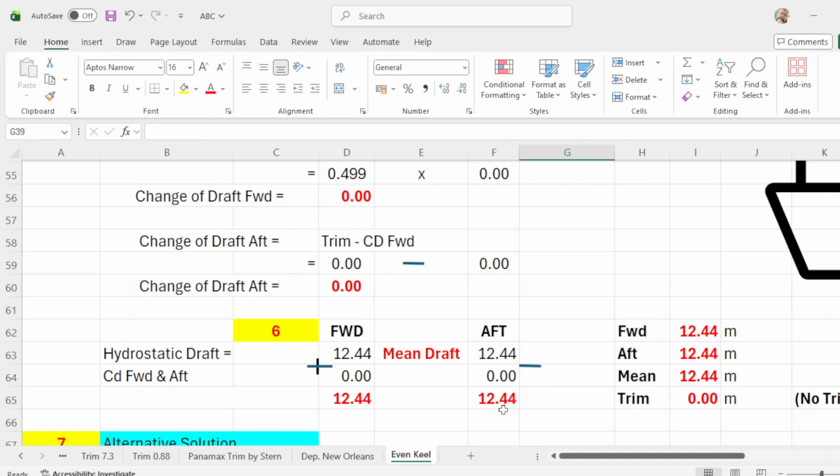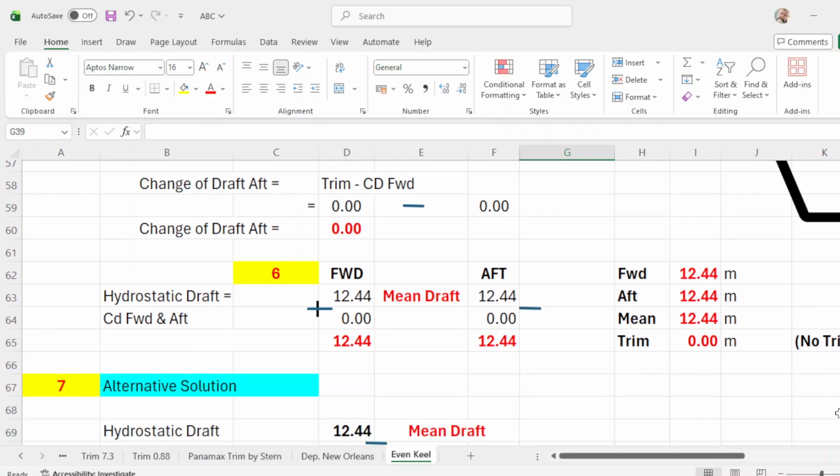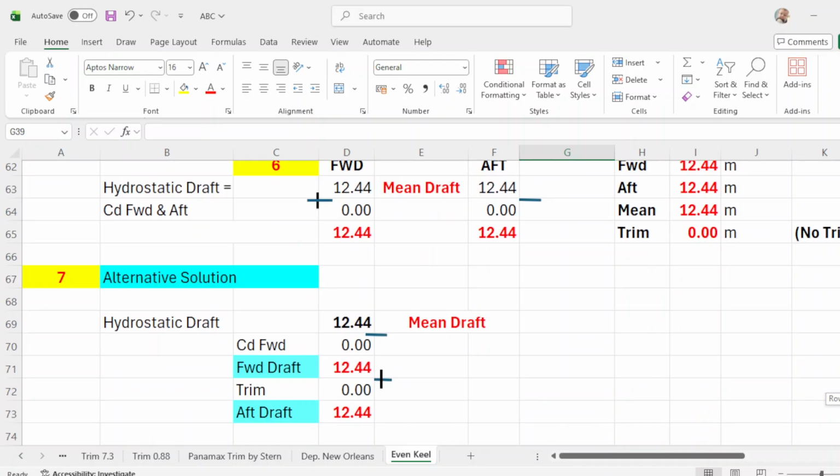Forward is 12.44, and your trim is 0. Okay, so here no trim. There's another solution from the hydrostatic table: the mean drop minus your forward correction of 0, so your forward drop is 12.44 plus your trim 0, so your aft drop will also be 12.44, meaning even keel.